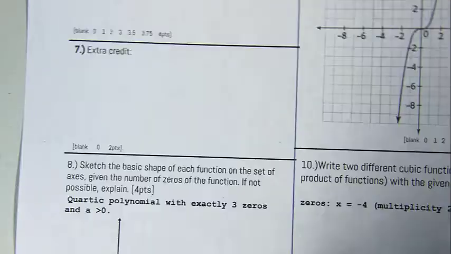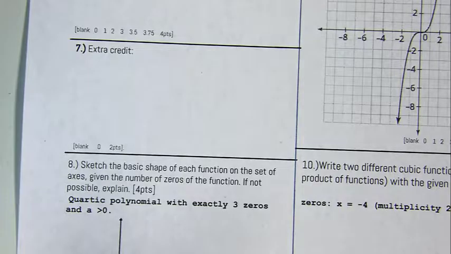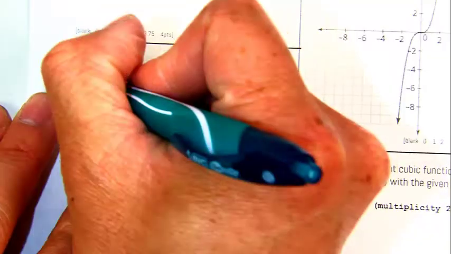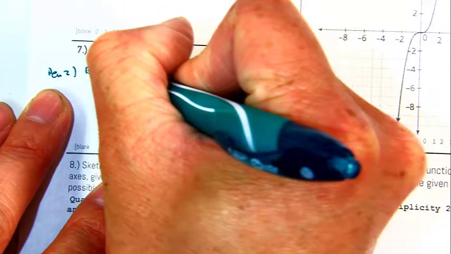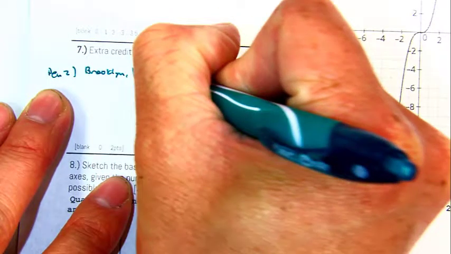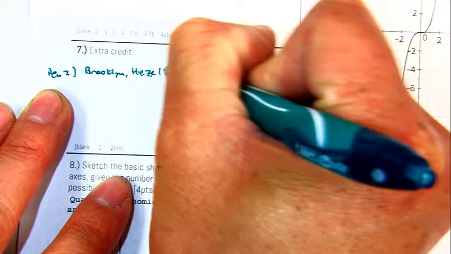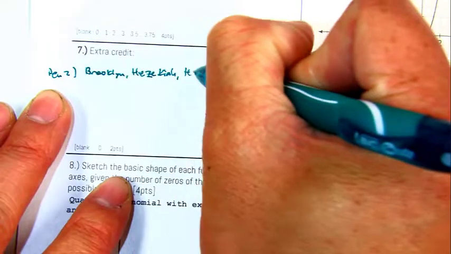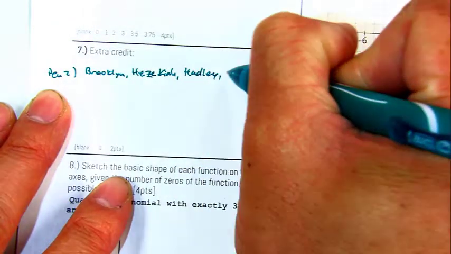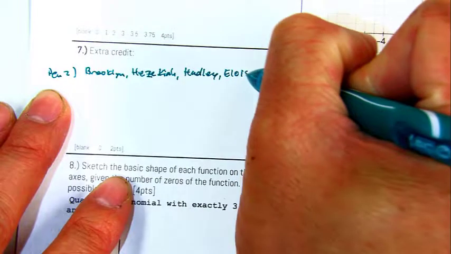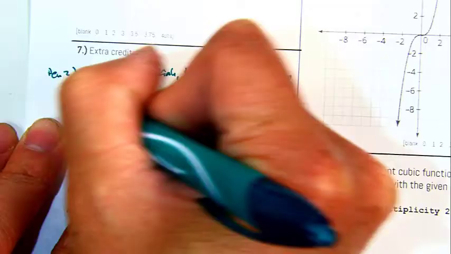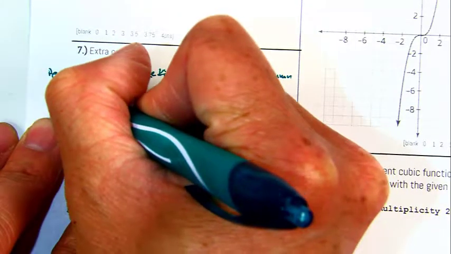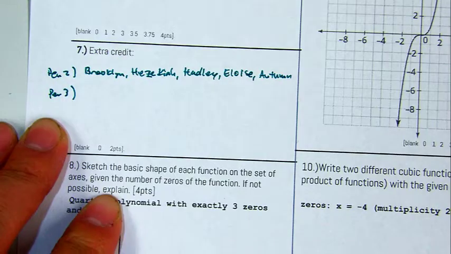Question number 7. Period 2, I think, what was the name of one of my children? Brooklyn, Hezekiah, Hadley, Eloise, and Autumn. Third period, so what job did I have in high school?